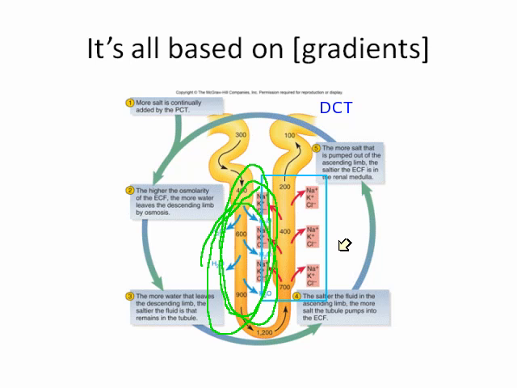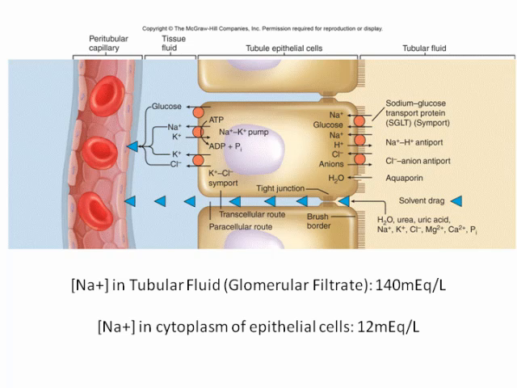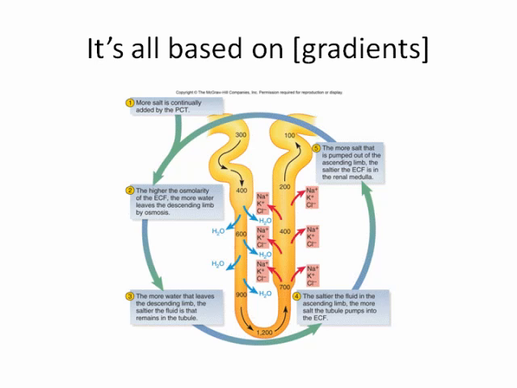It's got to leave. It gets the double whammy. Not only is this whole area working to make sure that the water leaves, but now in the distal tubule, we have all the salt leaving, which is going to increase the pressure. We know that water is going to move from an area of lower solute concentration to an area of higher solute concentration. There it is.